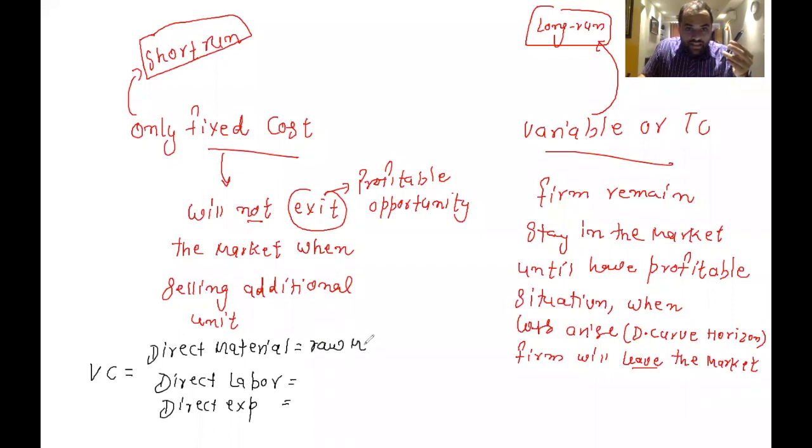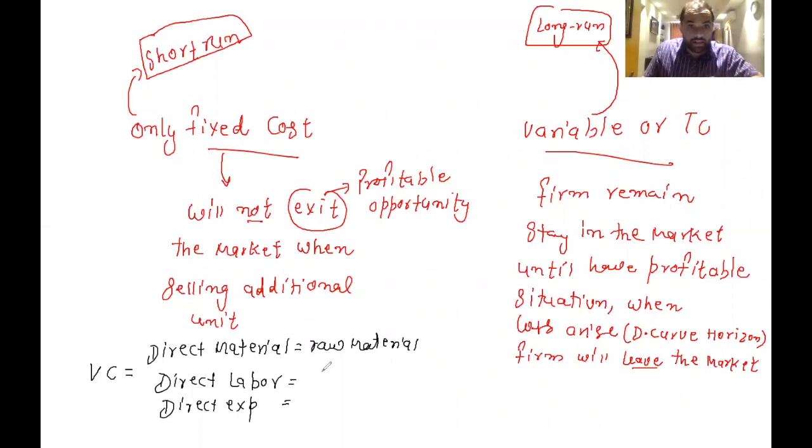So raw material is a variable cost. Why? If you produce more pens, you need more material, more cost. You produce fewer pens, less material, less cost.